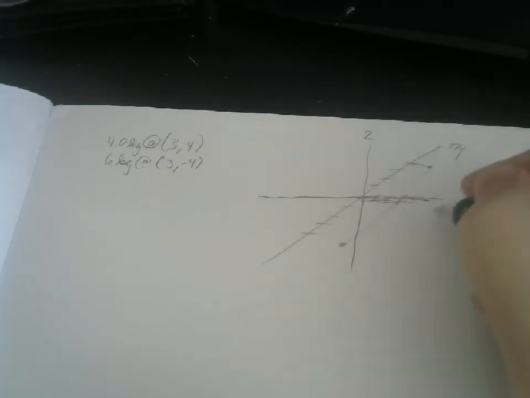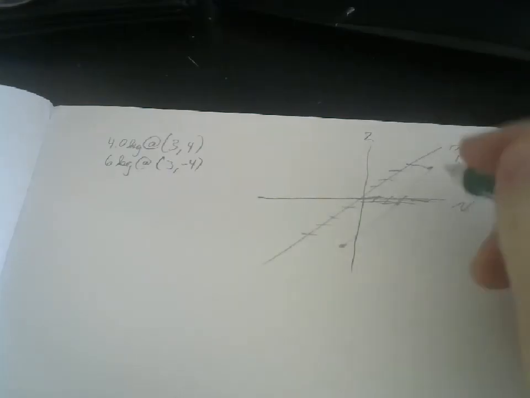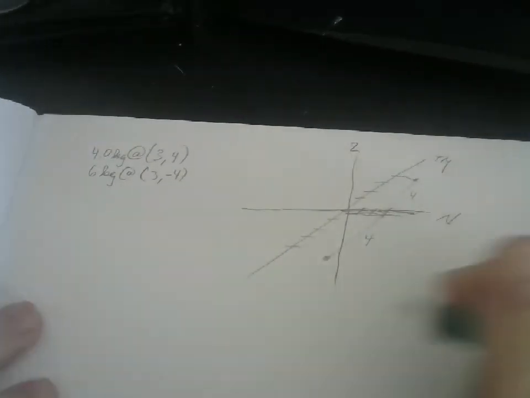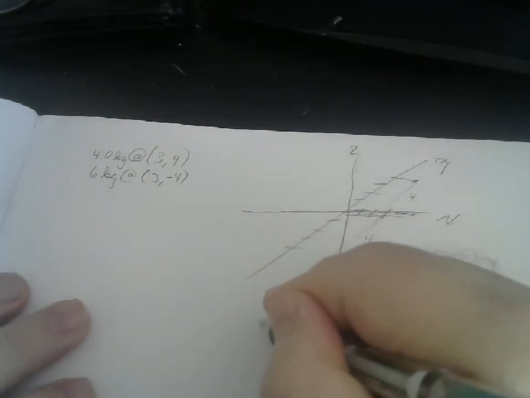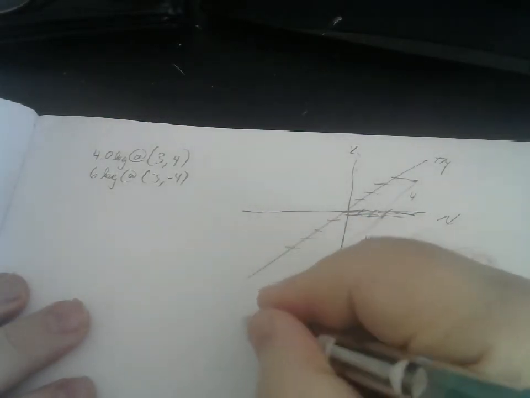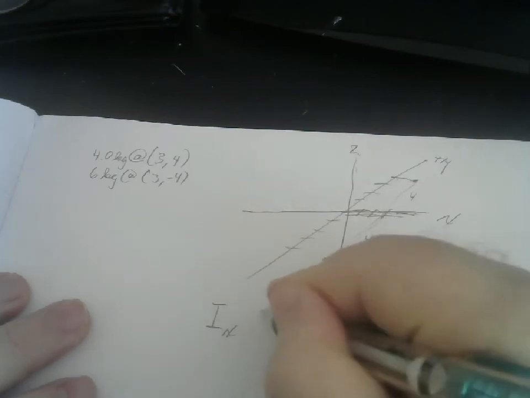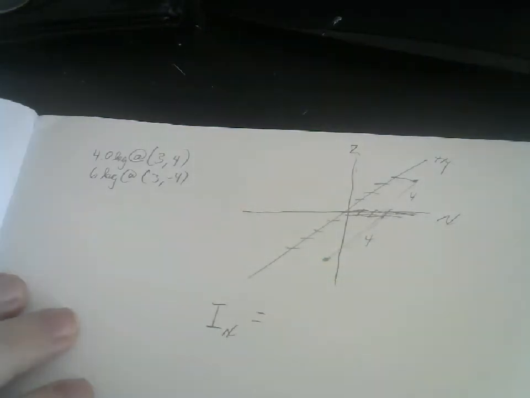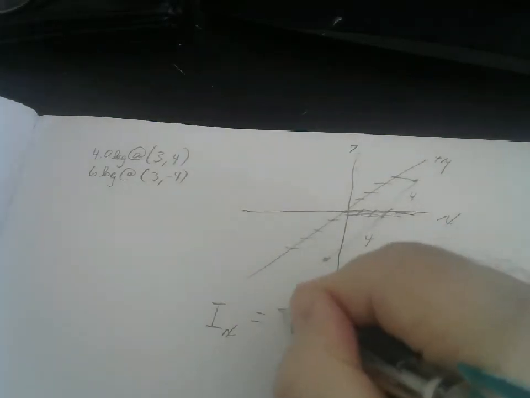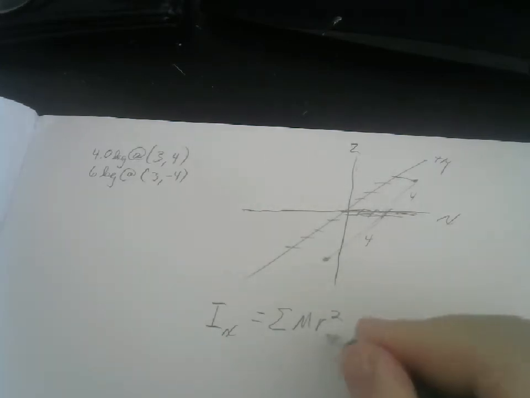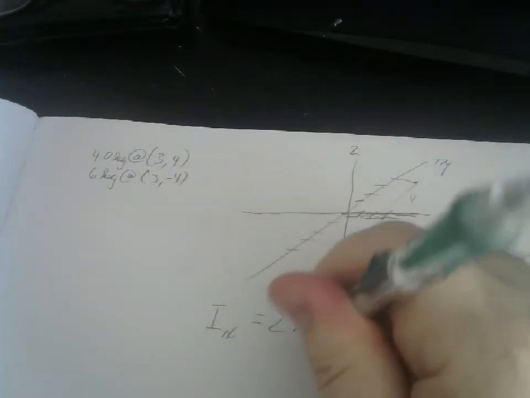All right, and then looking at the x-axis, the radius is 4 from there, about the x-axis. The moment of inertia, I sub x, equals the sum of m r squared, where r is the distance from the axis.